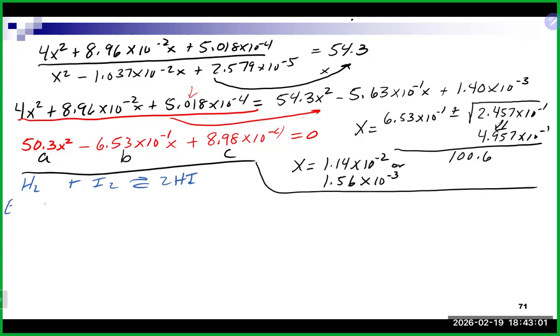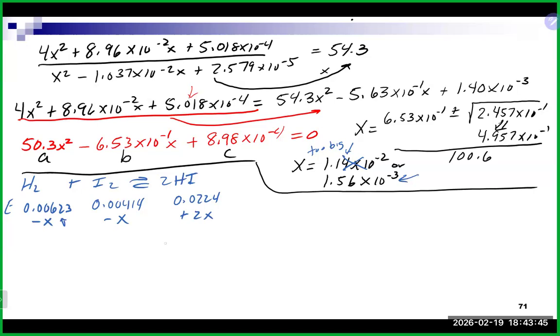For the H2, it was 0.00623 minus X. For the I2 it is 0.00414 minus X. And for the HI, it was 0.0224 plus 2X. If you're not sure, the top number here is 0.0114, this number right here. 0.0114 is too big to put into here. That's going to give us a negative number. So this one is too big.